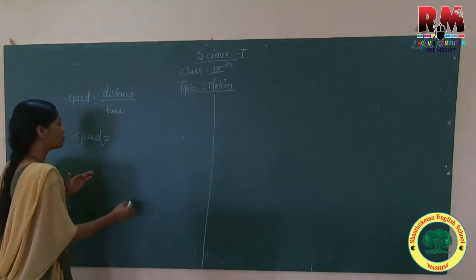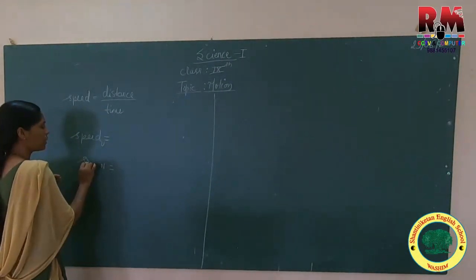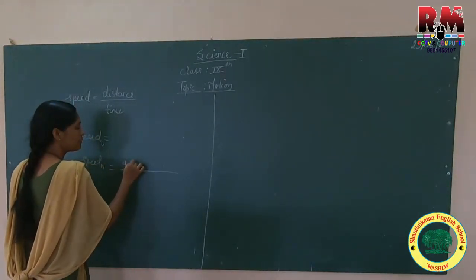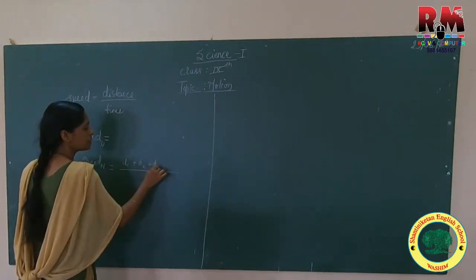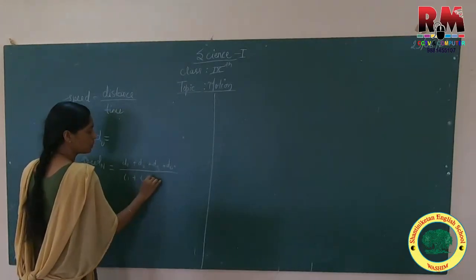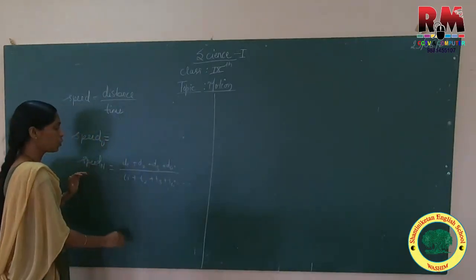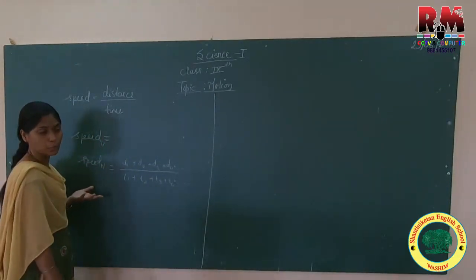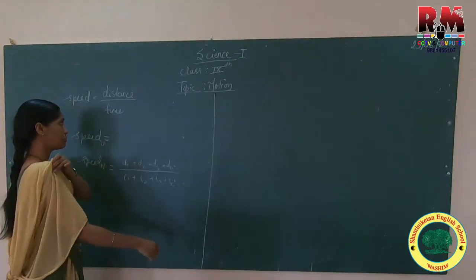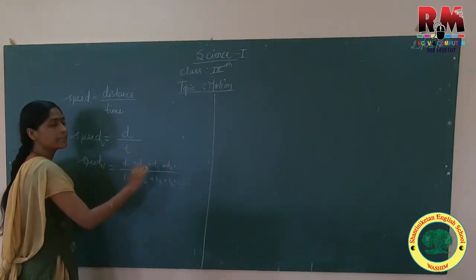And if the motion is non-uniform, or variable, meaning changing motion, you have to add all the given quantities, d1 plus d2 plus d3 plus d4 and so on, divided by t1 plus t2 plus t3 plus t4 and so on. For uniform speed, any distance you can take divided by time.